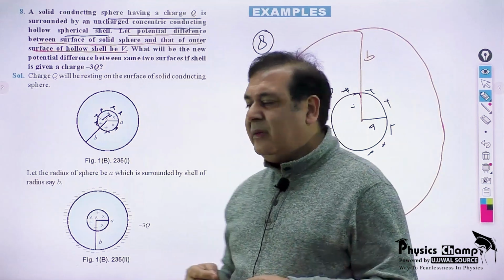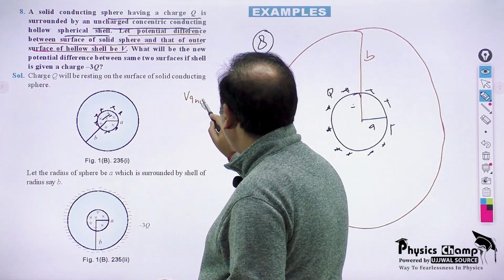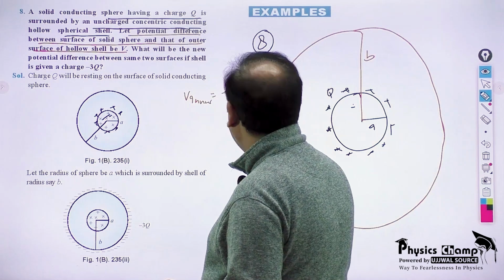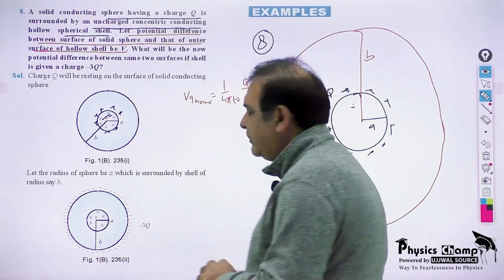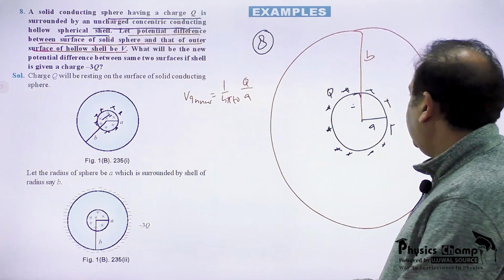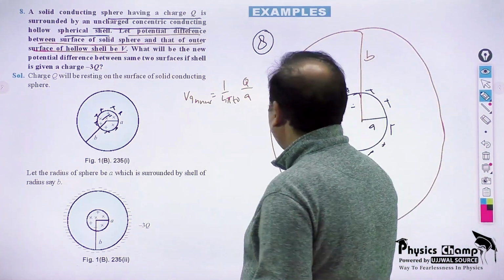On the inner one, there will be a potential 1 by 4 pi epsilon naught Q by A. And for the outer shell, it will behave as though situated at center.